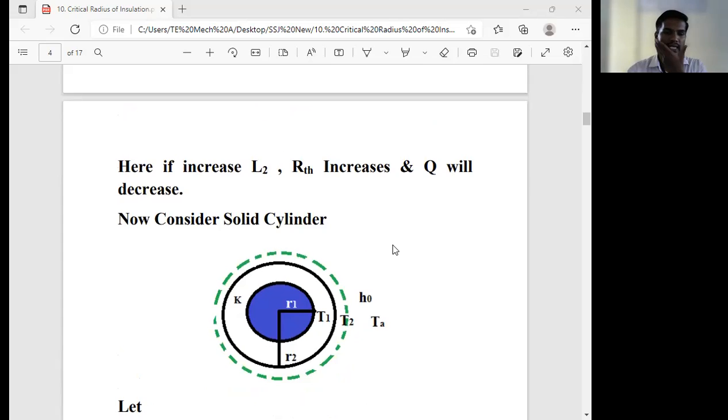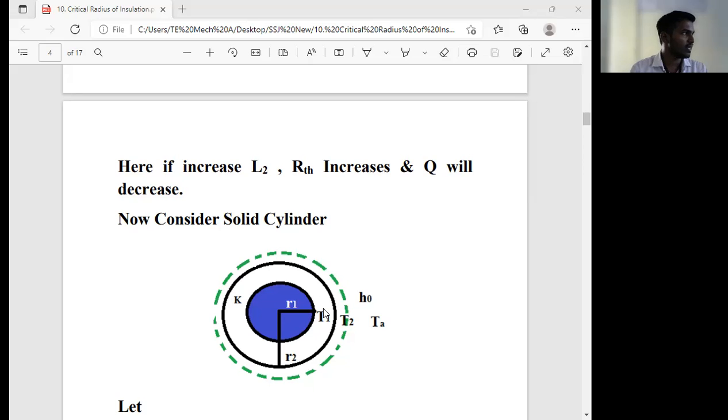Now consider solid cylinder. OK, so whatever the blue color is there, this is a solid cylinder. And on that solid cylinder we have used the insulation. त्या solid cylinder वरती इन्सुलेशन wound केलेलं आहे. The solid cylinder has radius R1 and the insulation has outer radius R2.